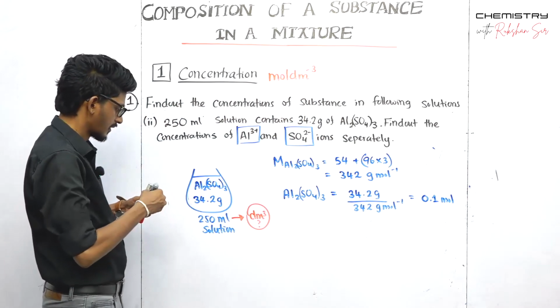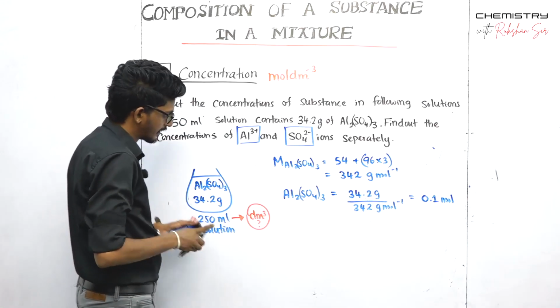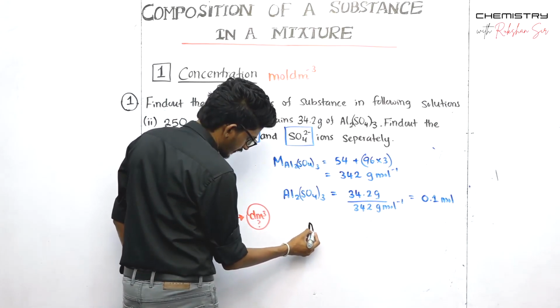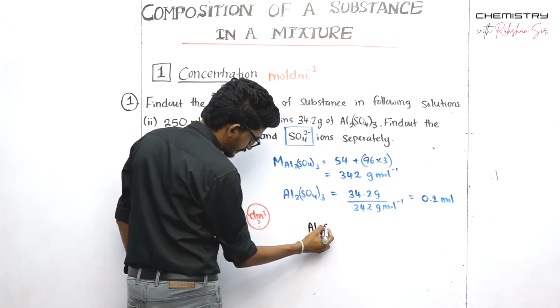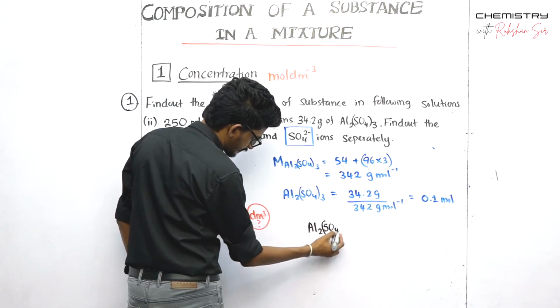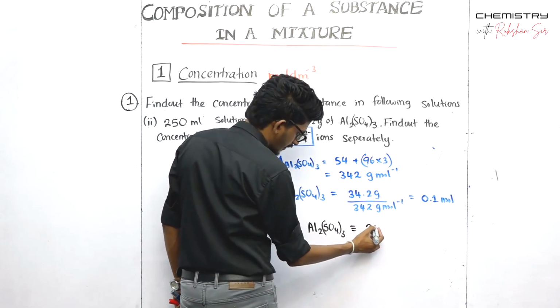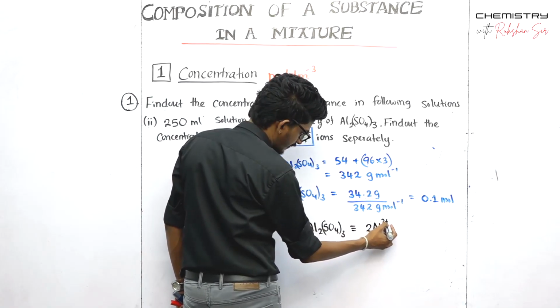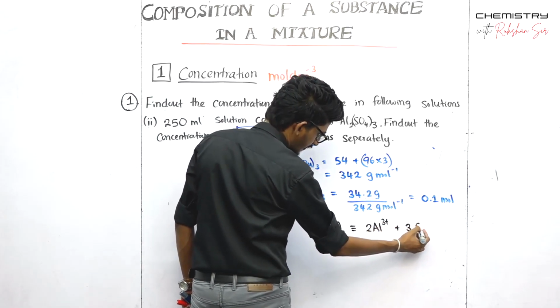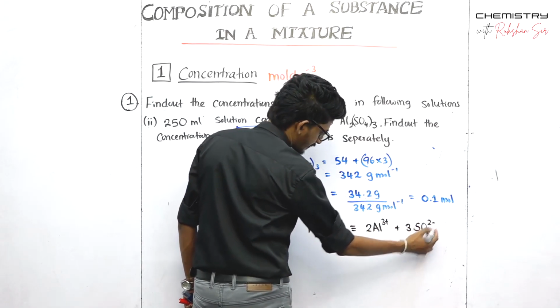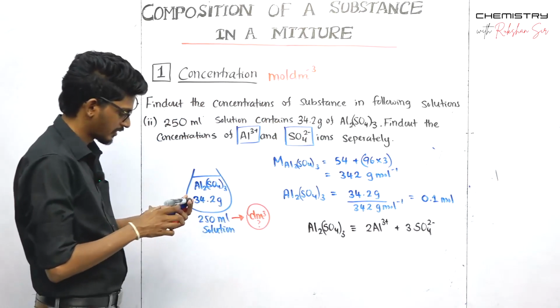Now, as we know, aluminum sulfate is equal to 2 Al3+ ions and 3 SO4 2− ions.